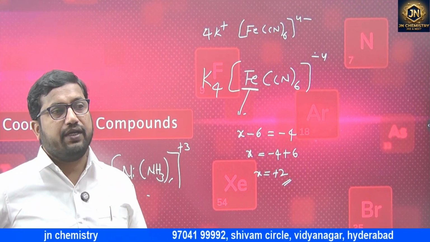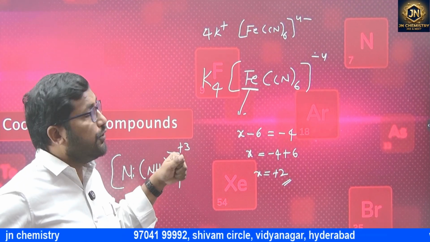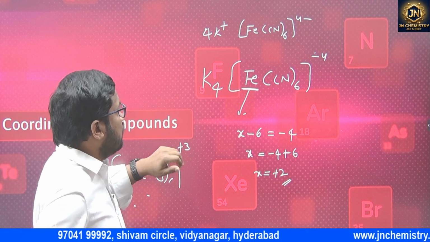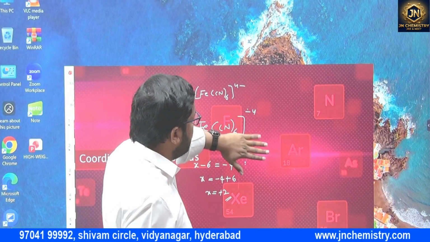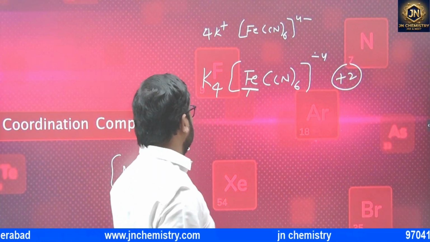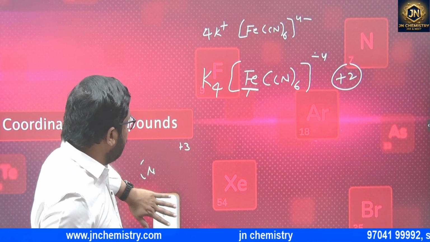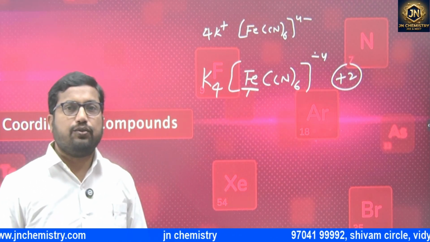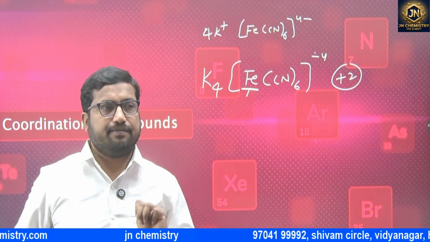So the first important thing is the IUPAC nomenclature for coordination compounds. Complex compounds are basically of 3 types.